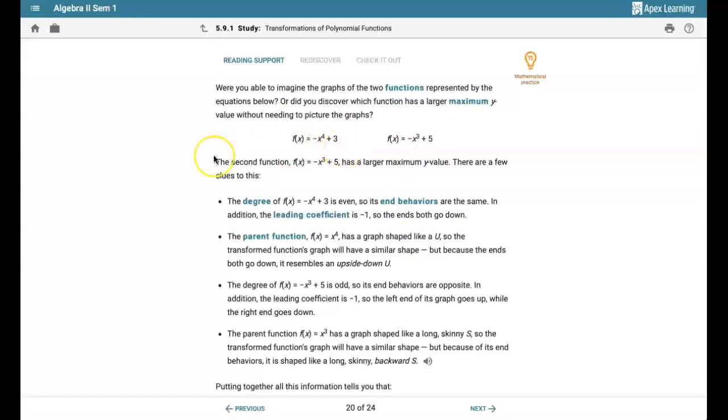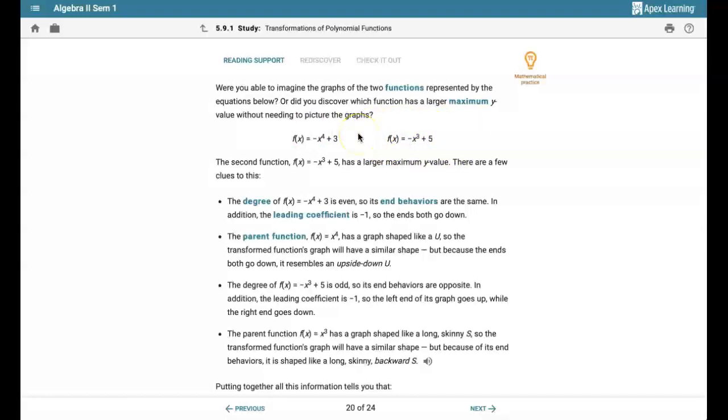However, this one, like we said on the last slide, is bogged down by the fact that both ends are going to have the same nature. And since this is negative, we're going to have that upside-down U, which means it's going to have an absolute maximum y.